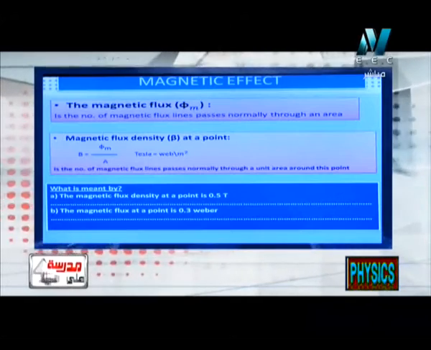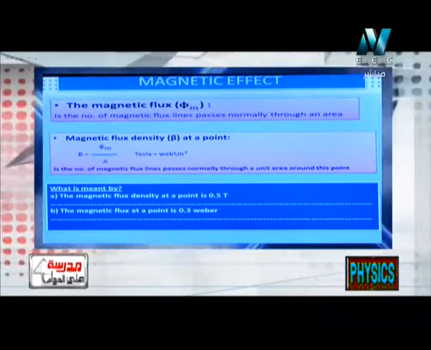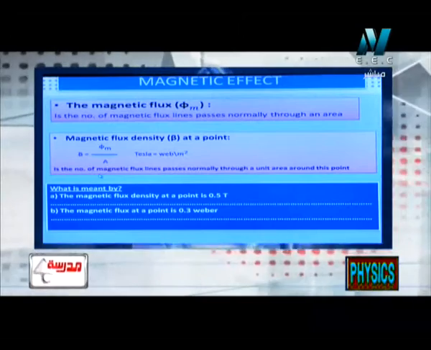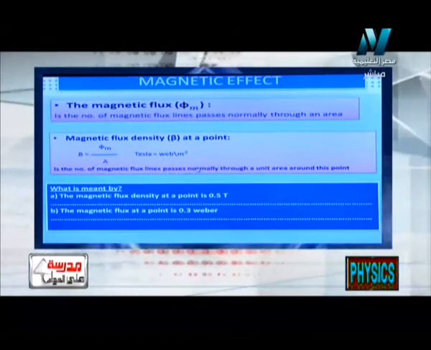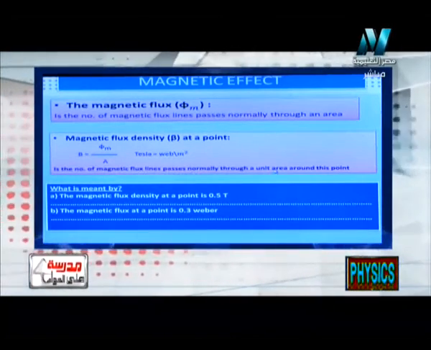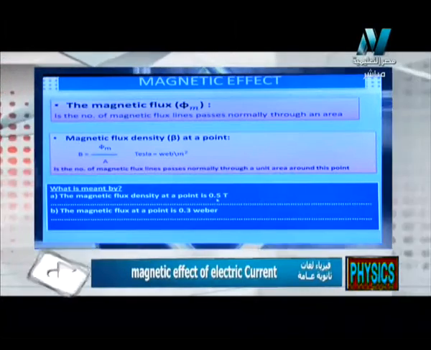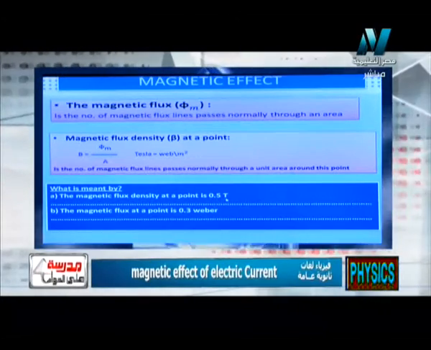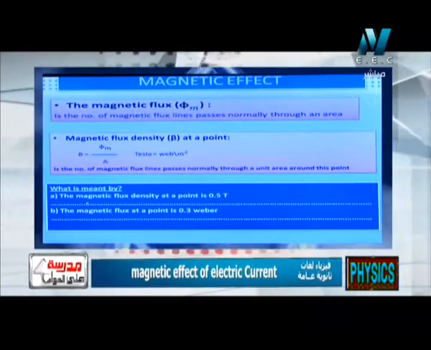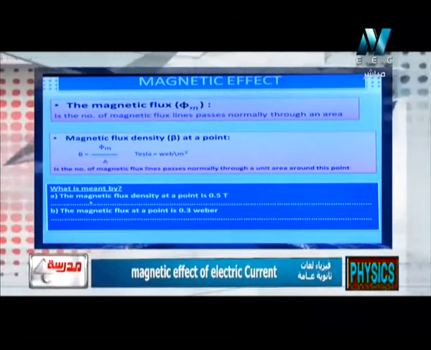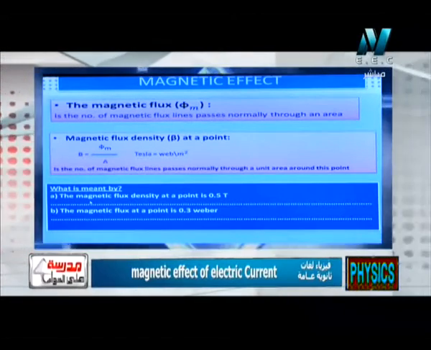So here, the answer for number A will be the number of magnetic flux lines passes normally through a unit area around this point is 0.5 Tesla.